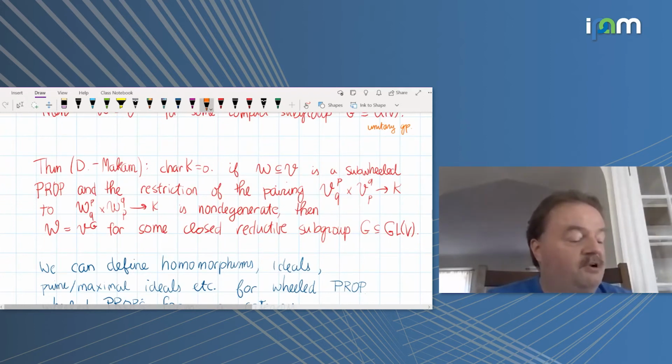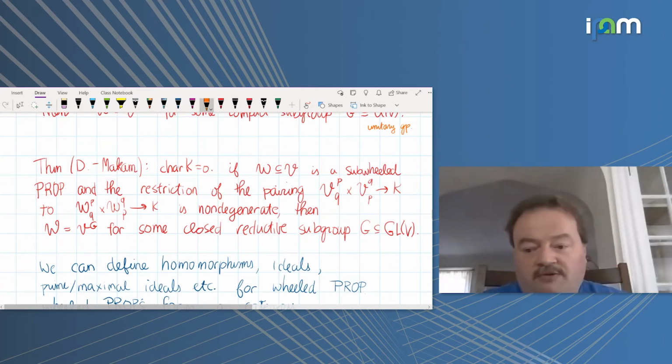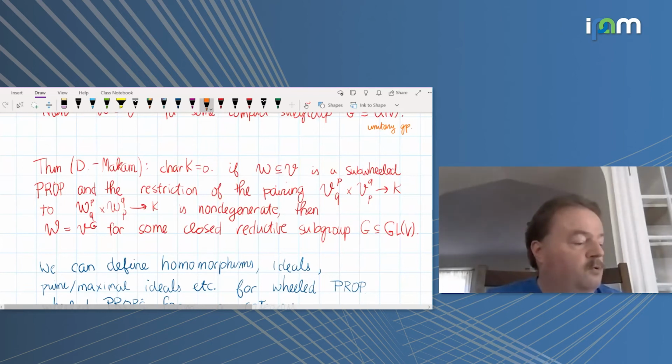Here's a somewhat similar version, but not assuming the complex numbers, so it's a slightly different statement. If you have a subwheeled prop, which is just a bunch of subspaces closed under all these operations, and that also contain the identity and one, etc., the most natural thing you can think of, and we have this natural pairing between V_PQ and V_QP, these two spaces being dual to each other.